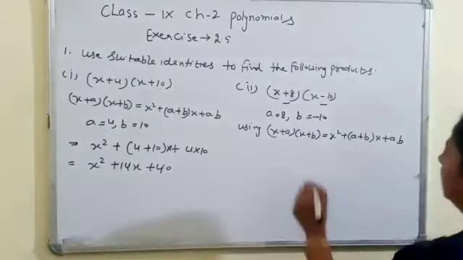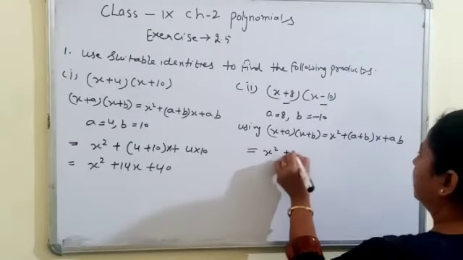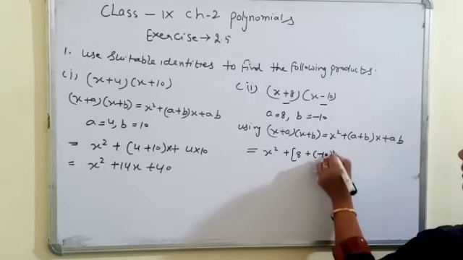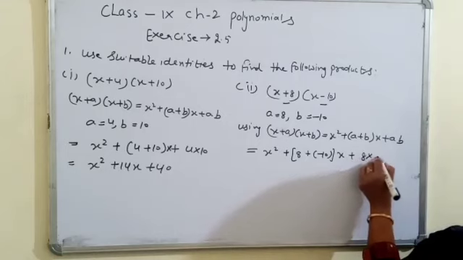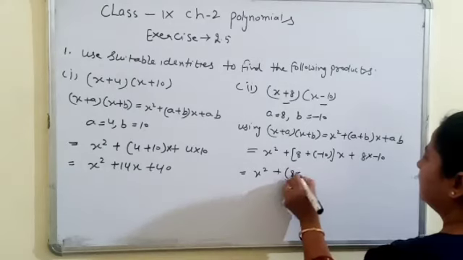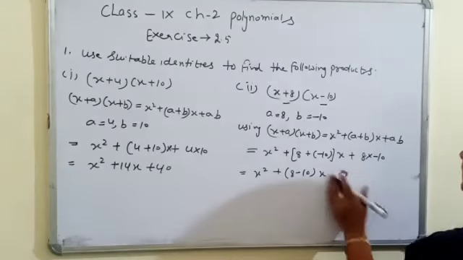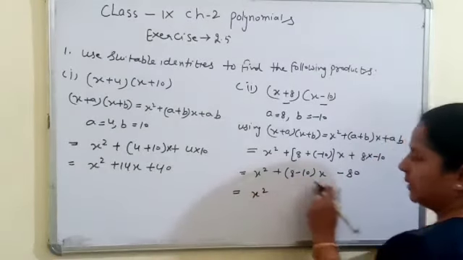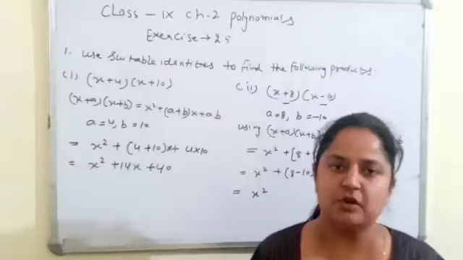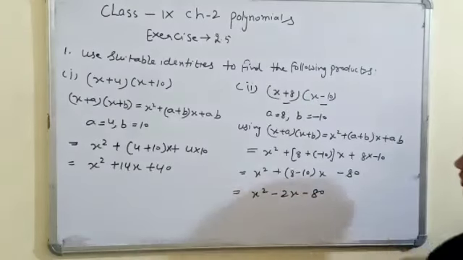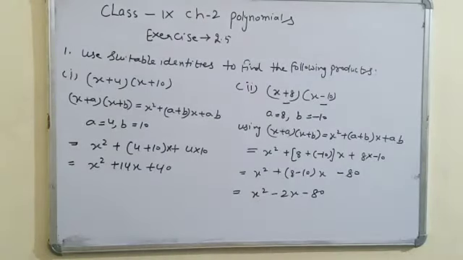So x square plus (8 plus minus 10)x plus 8 into minus 10. 8 into minus 10 becomes minus 80, and 8 minus 10 is minus 2, and we carry the greater value sign. So the result for this is x square minus 2x minus 80. Now this was the result for part 1 and part 2. Hopefully it is clear to you.